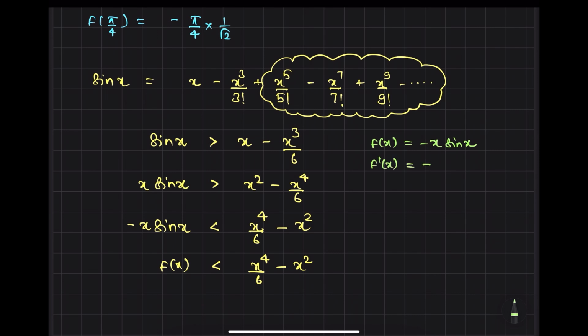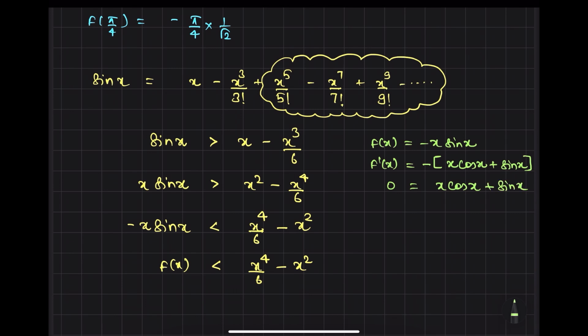Minus is common. First function times differentiation of sin x, which is cos x, plus second function times differentiation of x, which is 1. So we got this, this is your f dash x. Now we have to equate it with 0. So this is 0, multiply both sides by minus, so minus will become plus. So x cos x plus sin x.